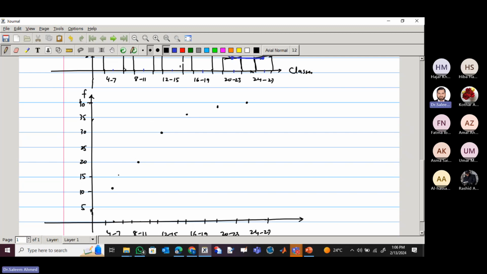So now you will join them with the straight lines like this, this, this. So it's kind of a polygon when we use cumulative frequency. Okay, so that is your ogive. So this is CF here, not F. So cumulative frequency on left.